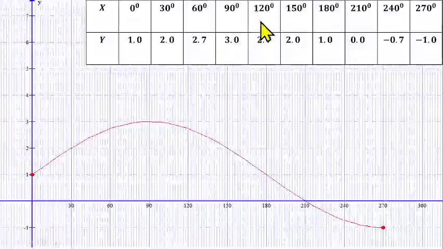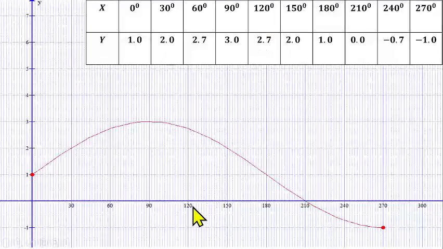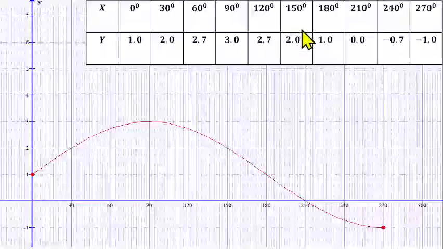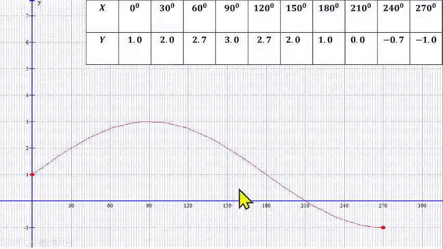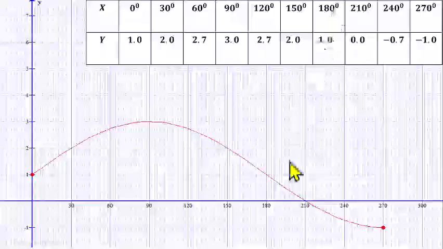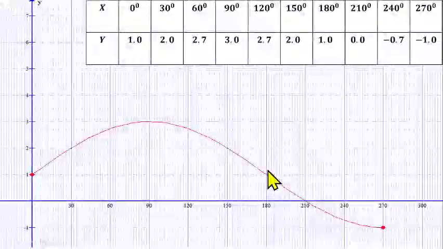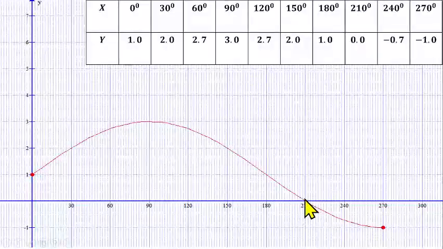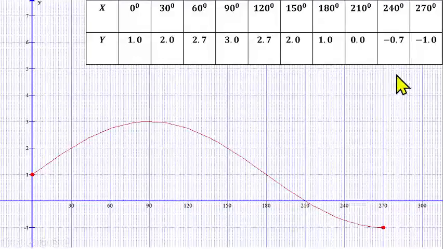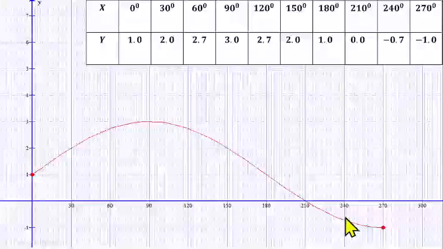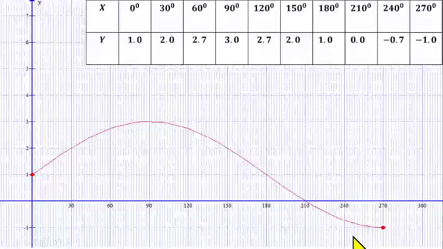Then when x is 120 degrees, y is 2.7, so another asterisk is here. When x is 150, y is 2.0. Then when x is 180, y is 1.0. When x is 210, y is equal to 0, an asterisk on the x-axis here. When x is 240, y is minus 0.7, that will be another asterisk here on the negative side of y.